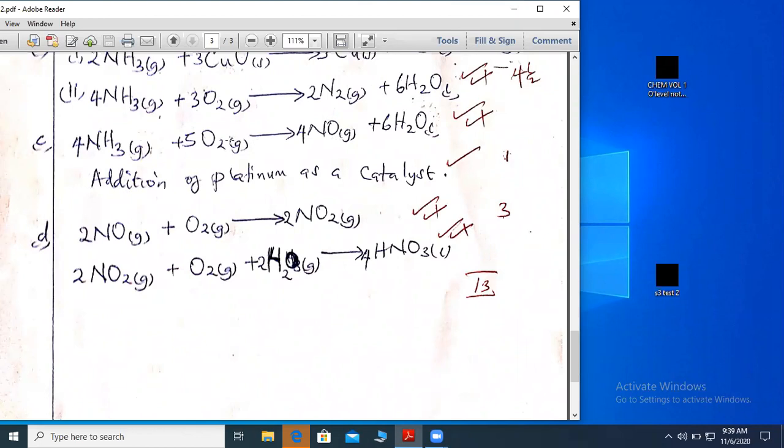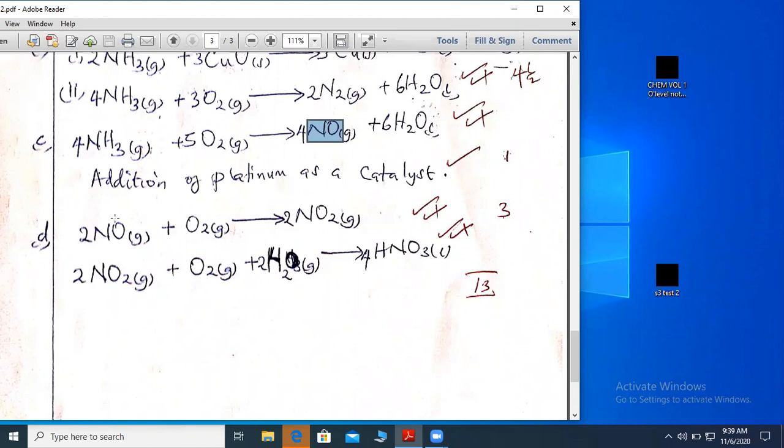But this takes place in presence of a catalyst, and the question was asking for the conditions for nitrogen monoxide to be formed. One of the conditions is a catalyst. And don't just say catalyst. Next time I will cross it, you just say addition of platinum as a catalyst. Mention the catalyst. And the other condition is you must heat.